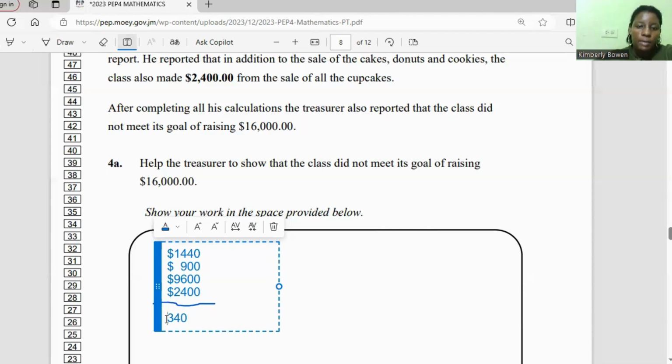And then you have 2 plus 2, that's 4. Plus 1, that's 5. And 5 plus 9 is 14.